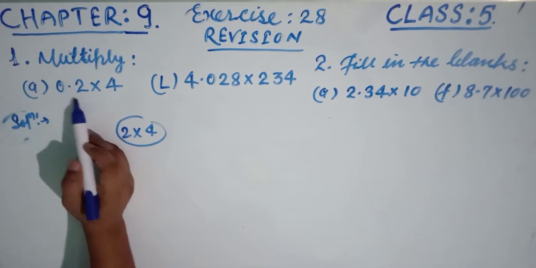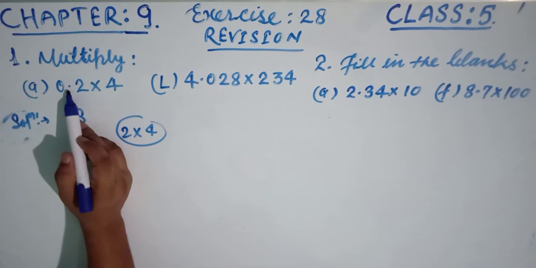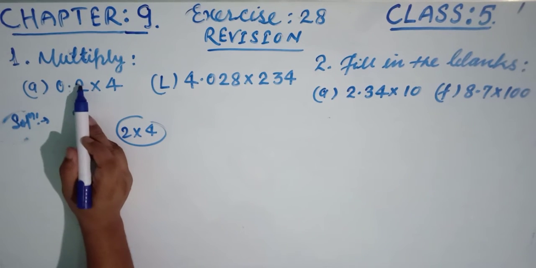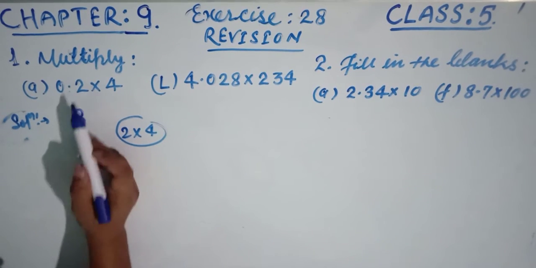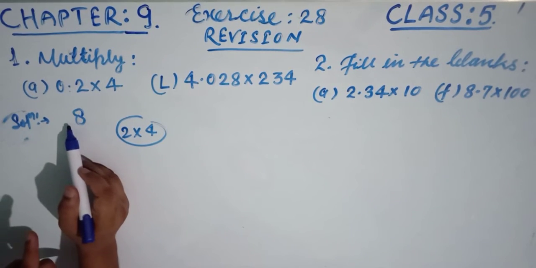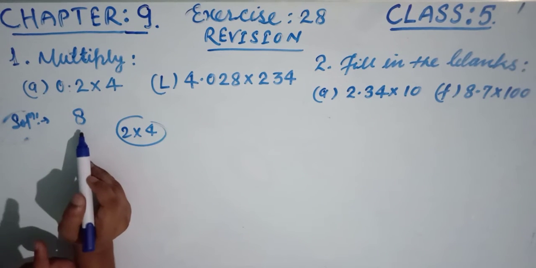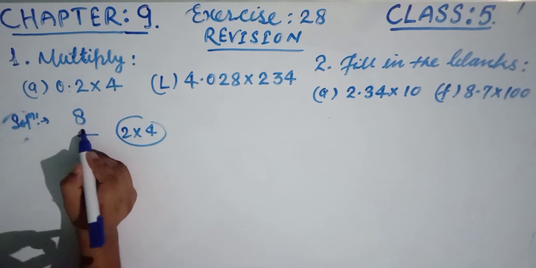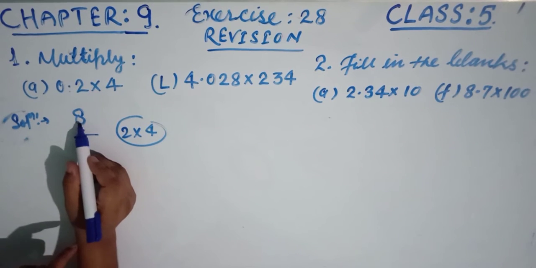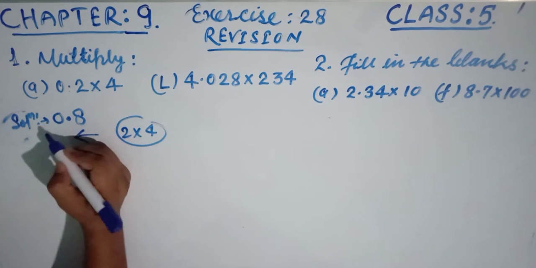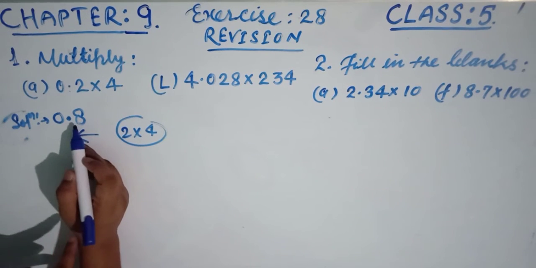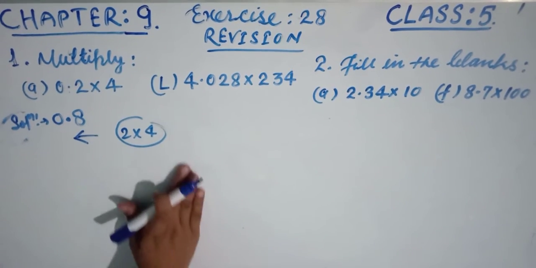So after multiplying 2 and 4, we have to place the decimal by counting one digit from the right-hand side. Here 8 is only one digit, so place the decimal, and put a 0 for standard form. So 0.8 friends, this is the answer. I hope you understand.